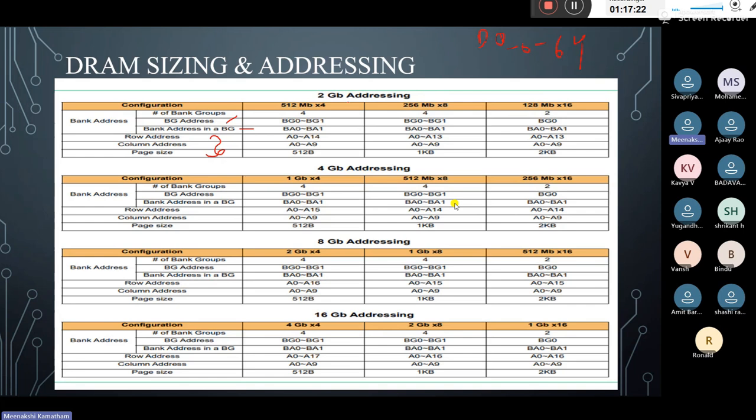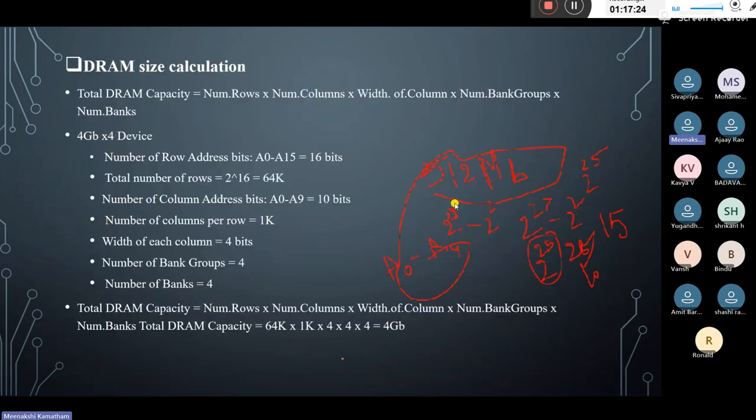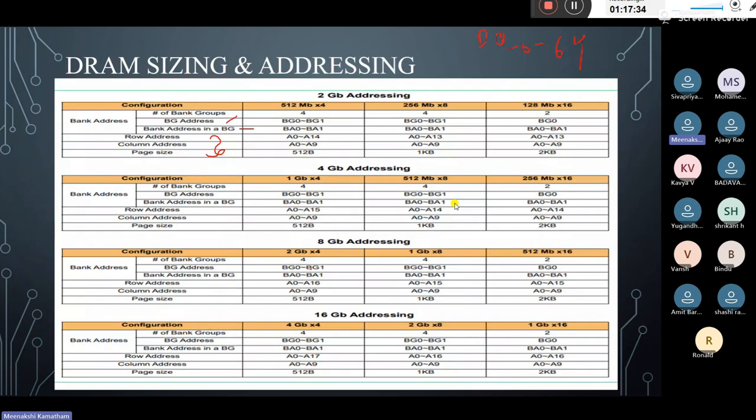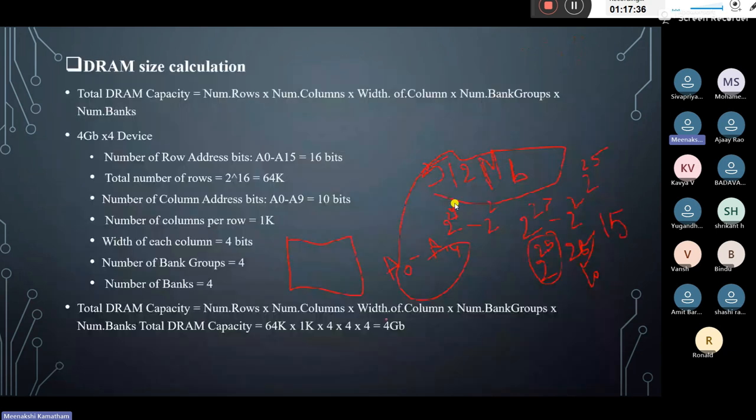Coming to the page size calculation, as I mentioned, page size is nothing but the storage of the total; memory should be shown in pages. So how do you get 512 bytes? Page size is calculated in bytes only.